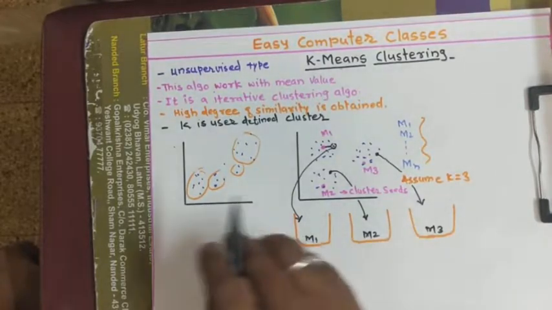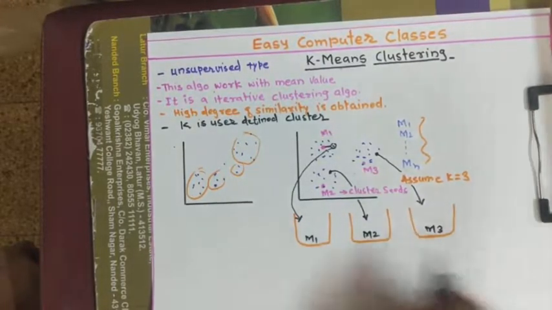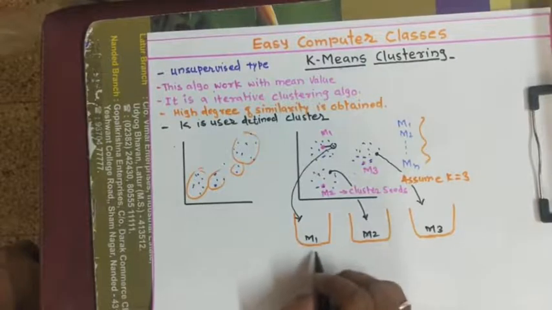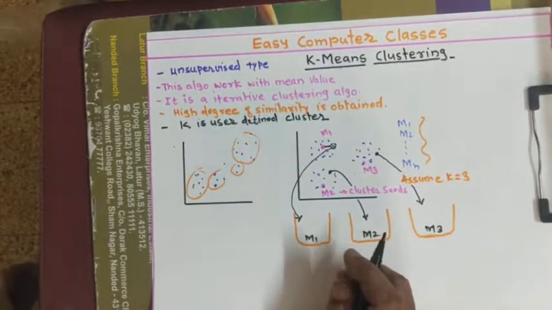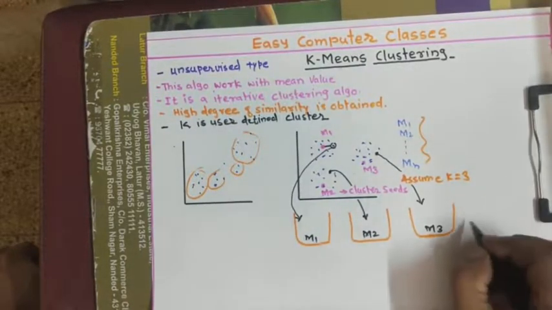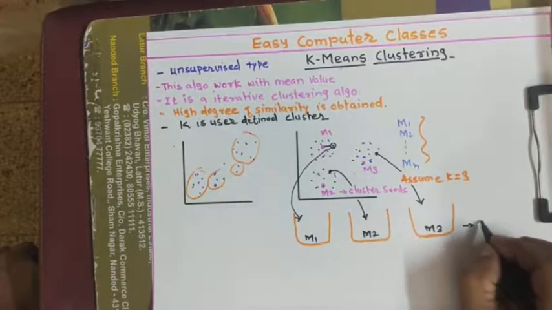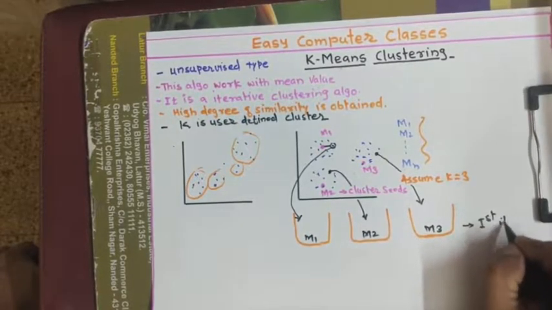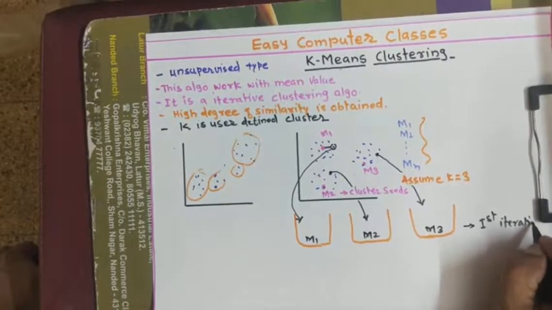After placing the points, we calculate the mean. This is called the first iteration.